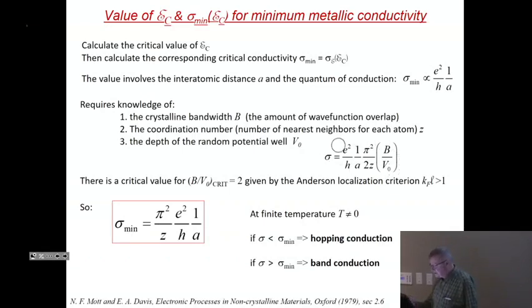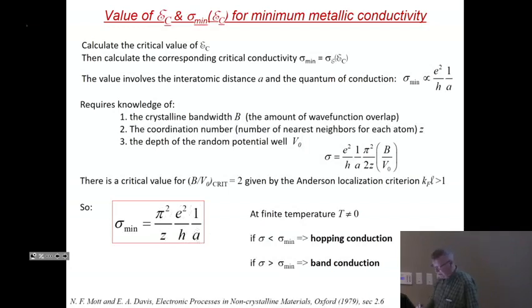Okay, so this is in conductance. Now, what's the best you can do? Well, there is a limit. This width over potential depth is 2 when k_F l is 1. So this is the best you can do. That's also derived. So we replace this by 2. 2 and 2 cancel, and that gives you the formula for sigma min: pi squared over z, e squared over h, 1 over a.